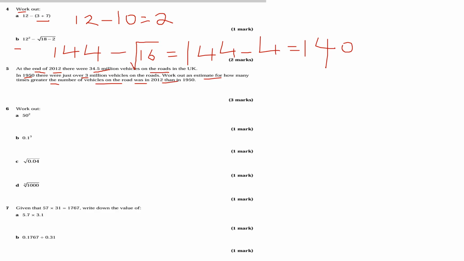Let's round our numbers here to one significant figure. So 34.5 million, how do I actually write that?